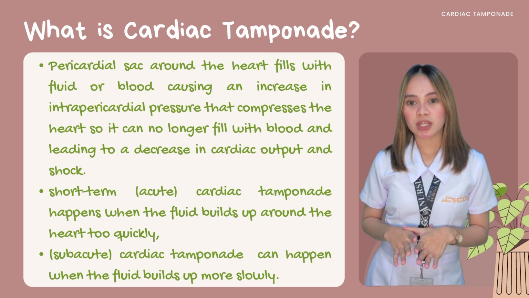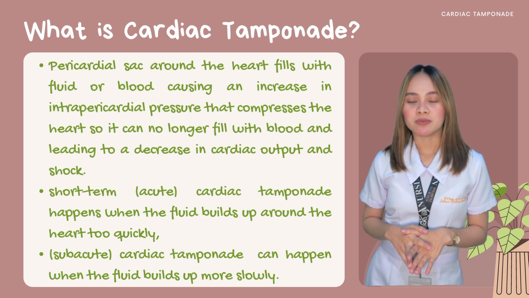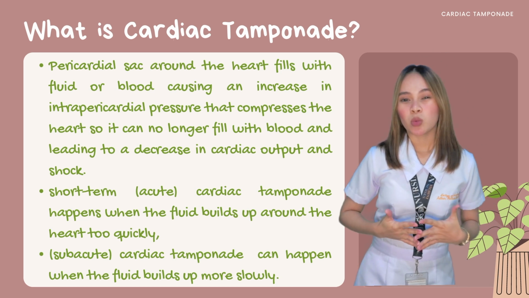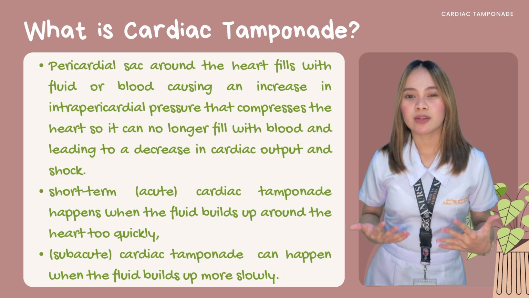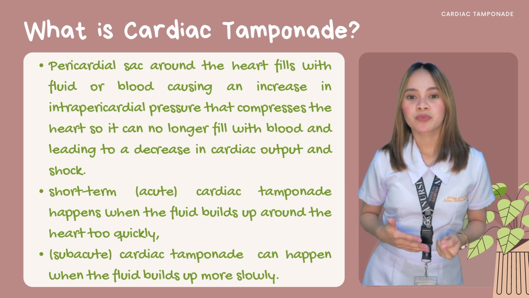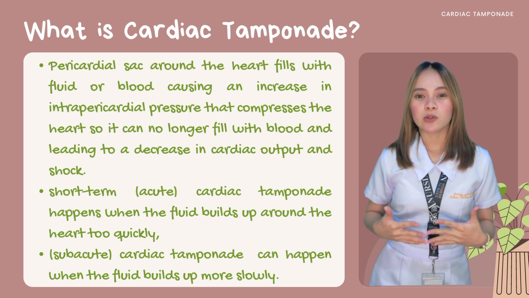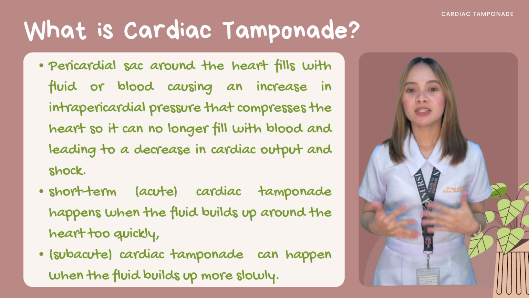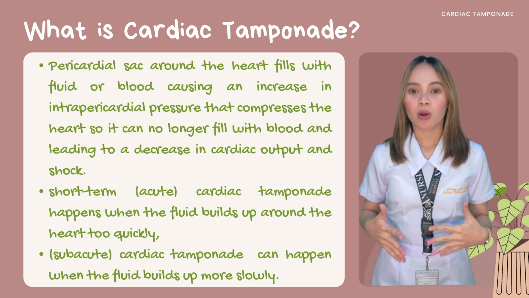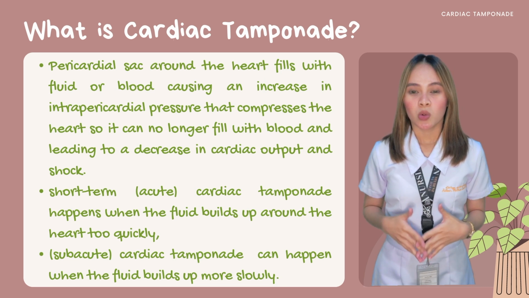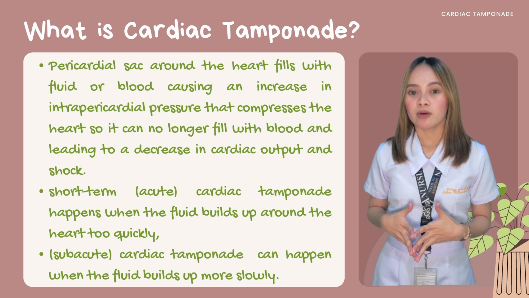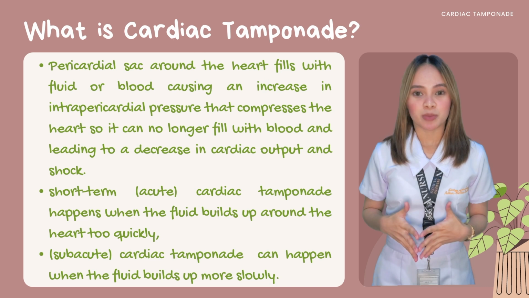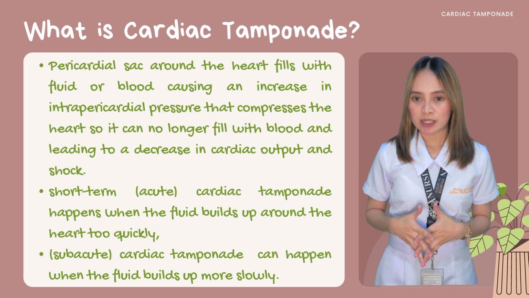There are two types of cardiac tamponade. First is the acute or short term, which is life-threatening if not treated right away, because the fluid builds up around the heart too quickly. Second is the subacute or chronic cardiac tamponade, which is another type of fluid accumulation characterized by the patients being more asymptomatic in the early phase.